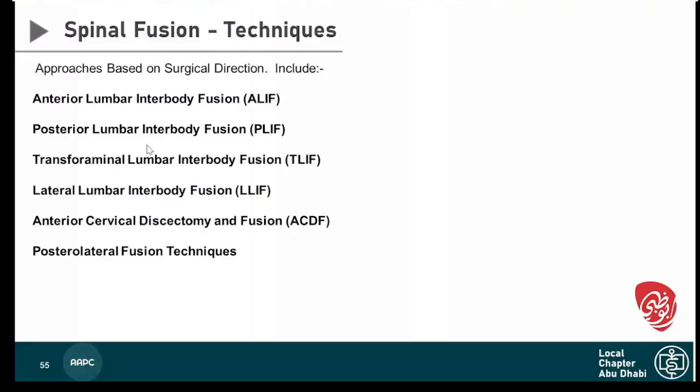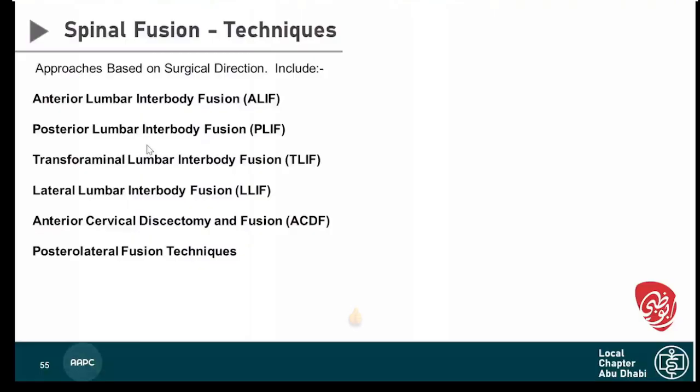So anterior lumbar interbody fusion is there. Posterior lumbar interbody fusion is there. Anterior means from the anterior side or front side. Posterior means from the back side. Then under posterior lumbar interbody fusion, transforaminal lumbar interbody fusion and lateral lumbar interbody fusion will come.